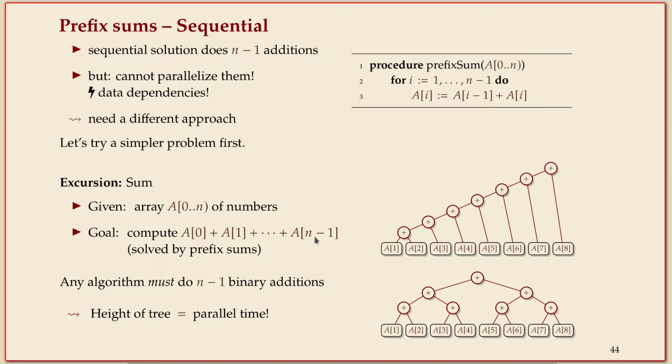So if you think about this for a few minutes, you want to compute the sum of n numbers, and each step can only take 2 numbers and add them. There's no way you can get away with less than n minus 1 additions. In a sense, what you're building is a binary tree. You start at the leaves with the original numbers, and then every node can take 2 subtrees and add them.